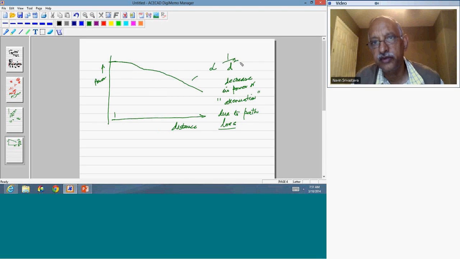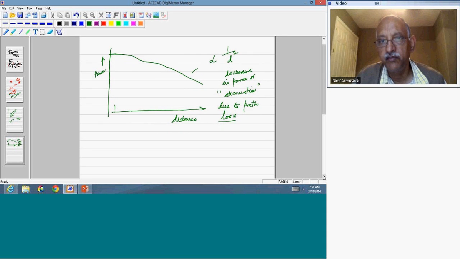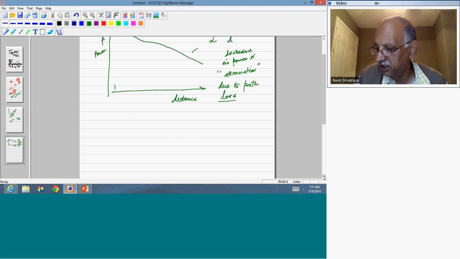Right. And the other loss which we must understand is known as multipath. So in multipath, here is again my transmitter, which is say my handset, and it is going to another, say this base station over here.